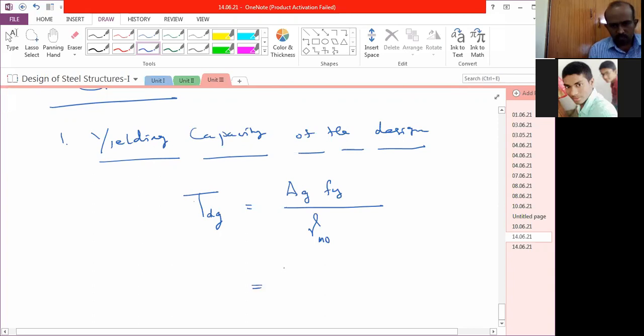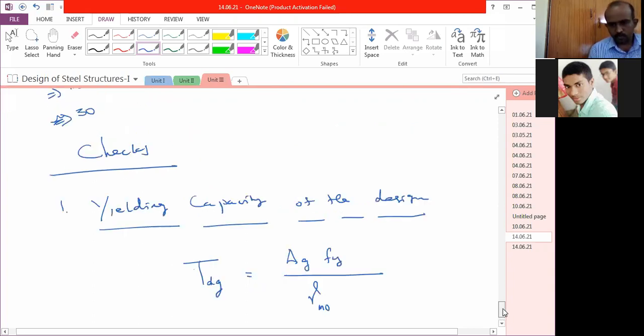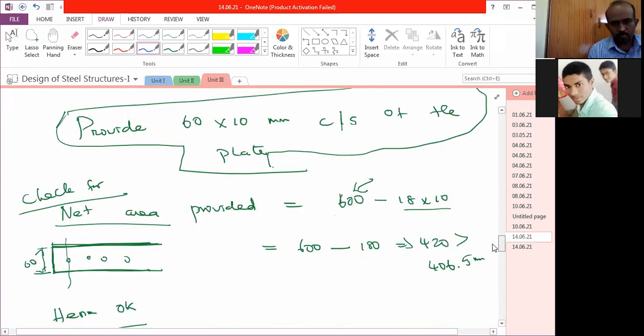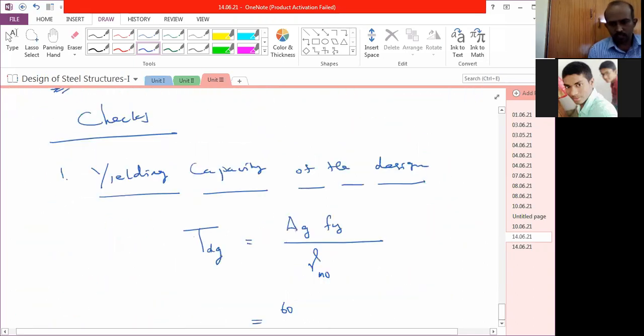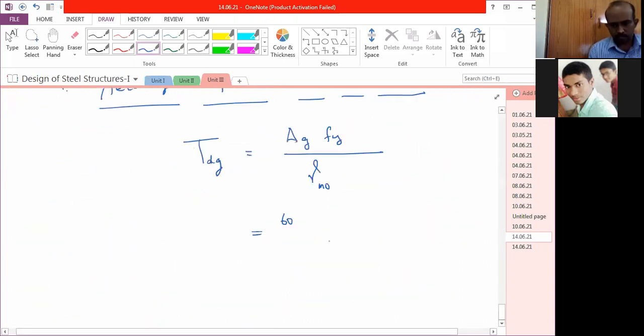We designed 60 by 10, so I'm not talking about something new. The cross section of the plate is 600 multiplied by 250 divided by gamma m0 1.1. Now you calculate and tell me how much value is coming.